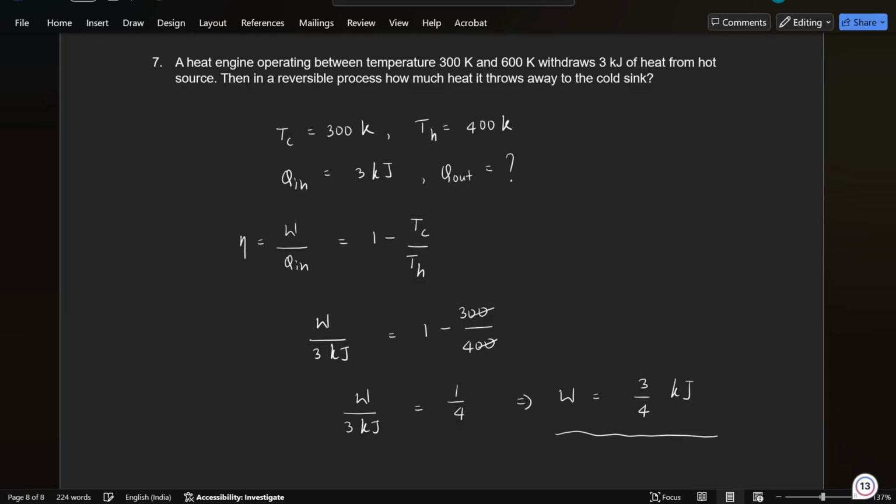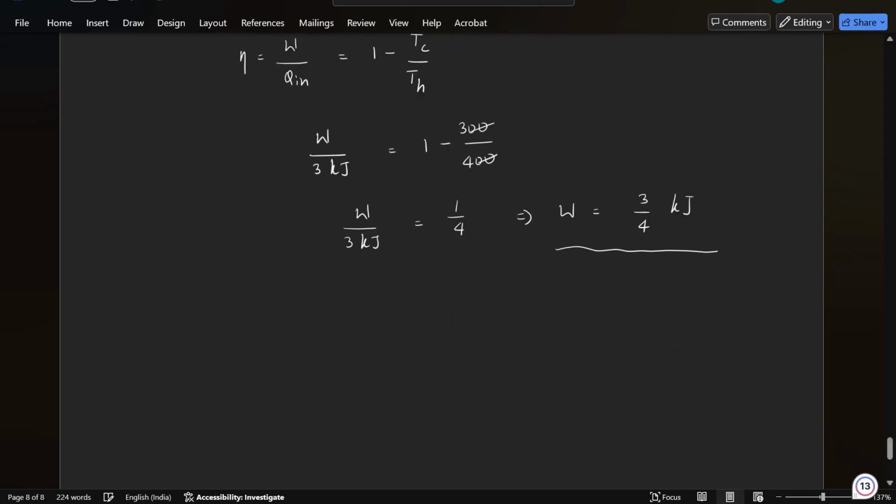So this is the W, but we don't want W, we want Q out. So what is Q out? W is equal to Q in minus Q out. So we want Q out, which is going to be equal to Q in minus W. So what is the Q in value? 3 kilojoules minus 3 by 4 kilojoules.